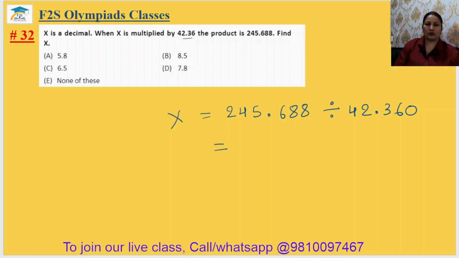It will be your 245,688 divided by 42360 and then divide that conventionally. You know the division. It will be your 5.8. It is in option number A. The 32nd answer will be option A.